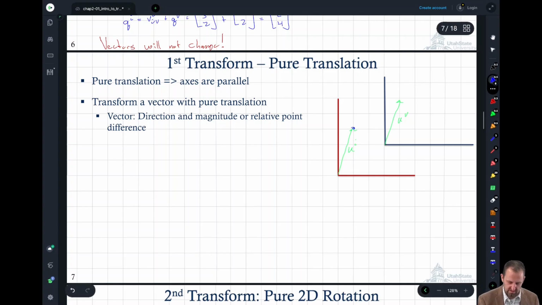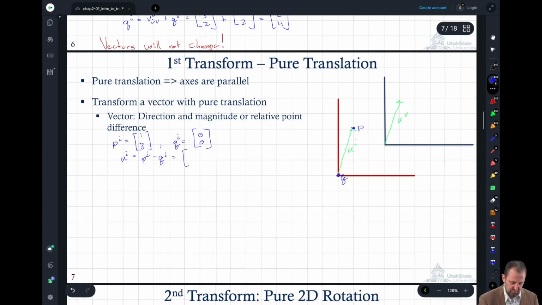So now if we call this our point P and this is our point Q, well, P in the inertial frame is just over 1 up 3. And Q, in this case, is just (0, 0). That was in the inertial frame. So u_I is just going to be equal to P_I minus Q_I.